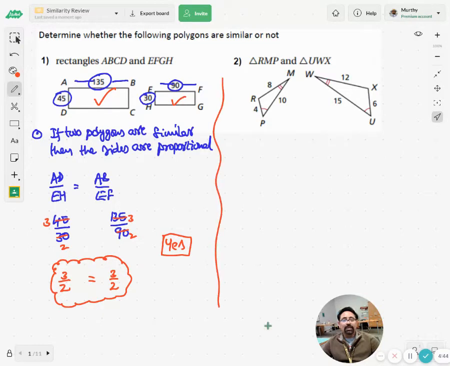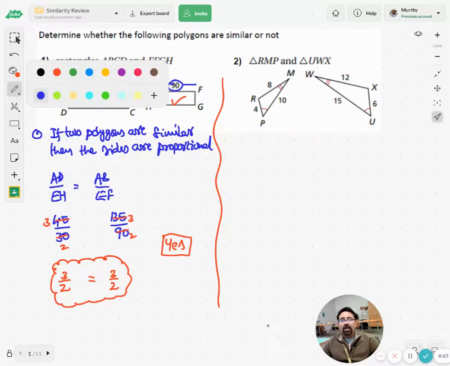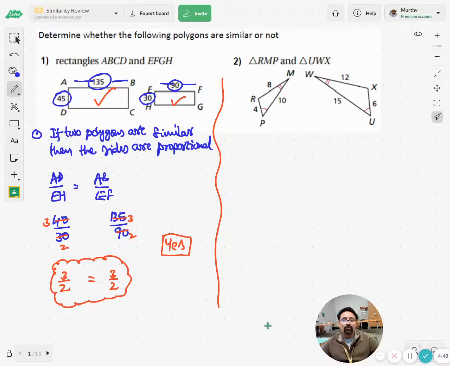But when it comes to the next question, it is not as easy as the first one, especially when we compare the sides. But when we look at the angles, here angle P equals angle U. You can see that the symbols are the same. So let me highlight the symbols. I see that this angle and this angle are marked with the same symbols.